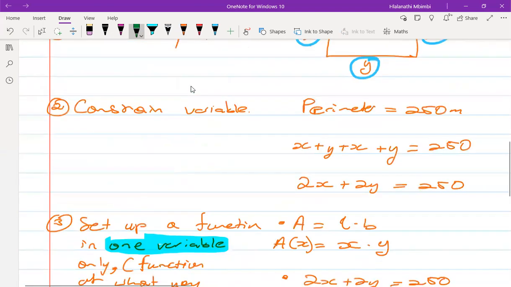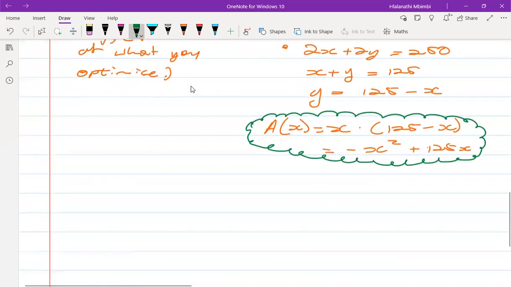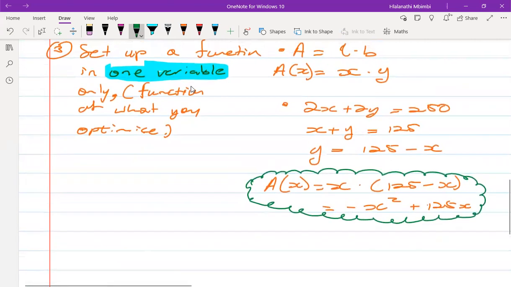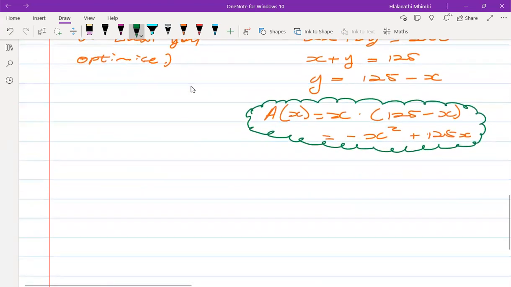Now I know I'm dealing with a function that represents the area of a rectangular surface, so I can apply my mind. Anyway, now this is given by minus x squared plus 125x.